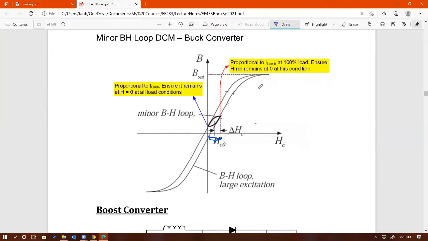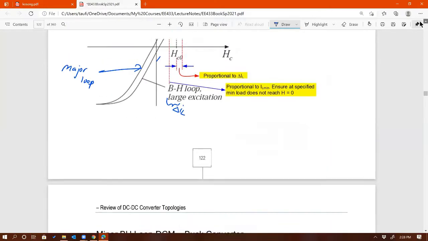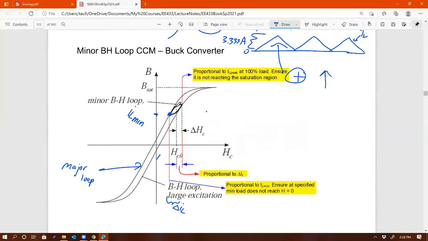Okay. What if I keep increasing the current from here? What if I keep increasing the current? Well, this will be traveling higher and higher for the same area. If I put it on a higher position of the major loop, that's going to be about the same area right there.